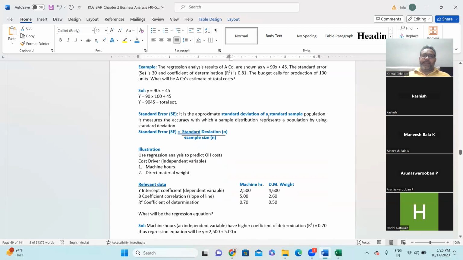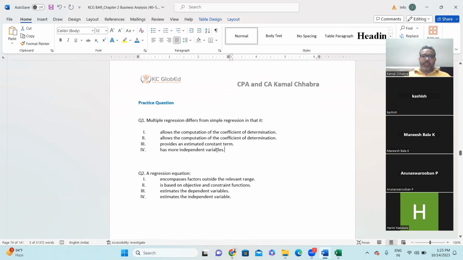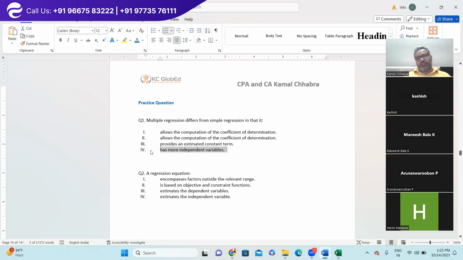The number of variable components. So it has more independent variable components, right? Yes, sir. Are you guys with me? Yes, sir. Clear.